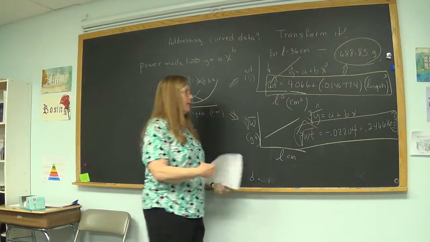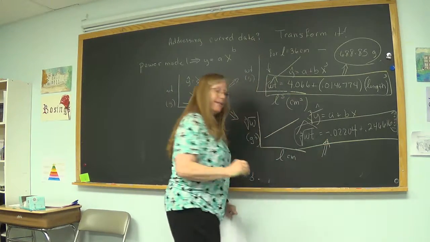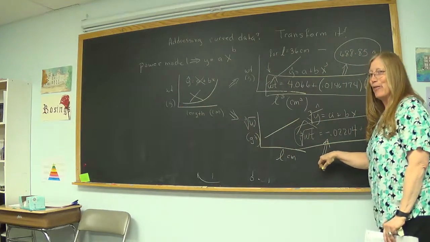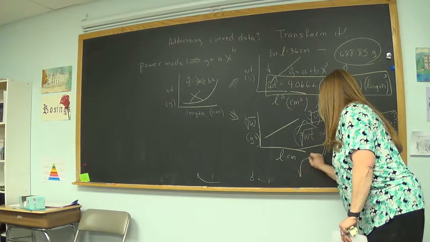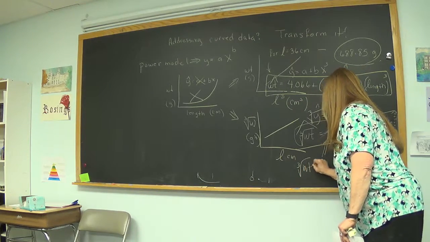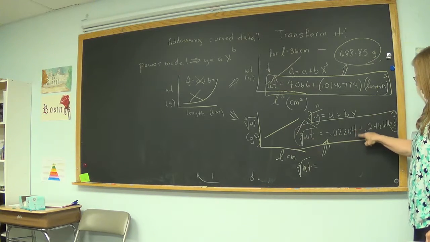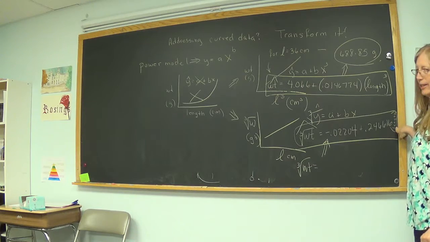So now let's put 36 into this one. Are you mathematically trained enough to solve this for weight? So we have the cube root of weight equals, give me that number first. 0.02204 plus 0.24661636 times 36.